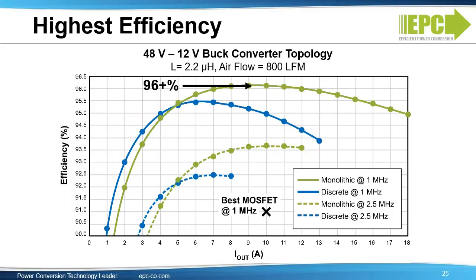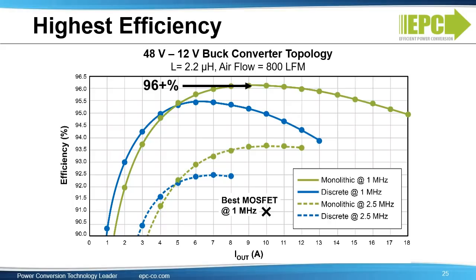The improvement can be explained by three factors: the matching of the gate drivers with the power FETs, no parasitics like ground loop, common source, and gate drive inductances, and thermal balancing of the two output FETs.